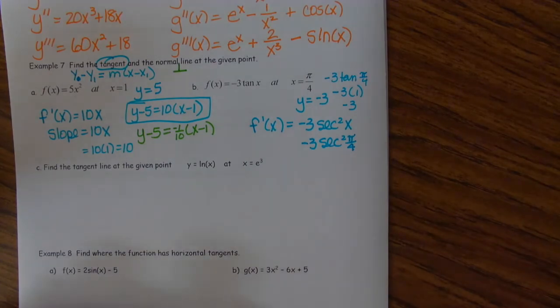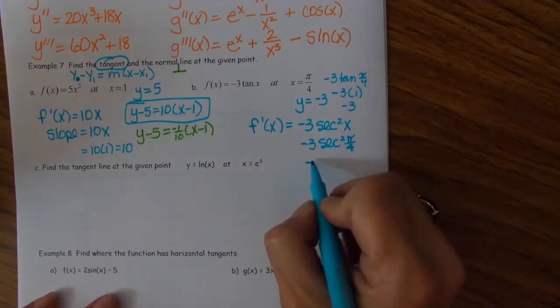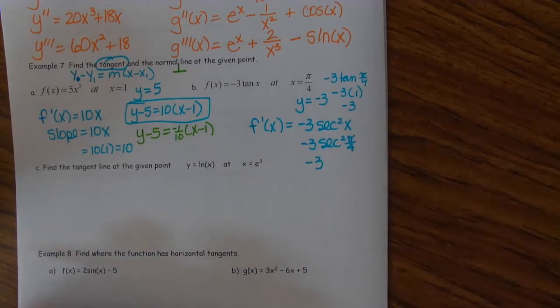All right. I don't know secant of pi over 4, but I do know cosine of pi over 4. What is cosine of pi over 4? Root 2 over 2. So I have to flip that for secant. What is root 2 over 2 flipped over? Which is just root 2.